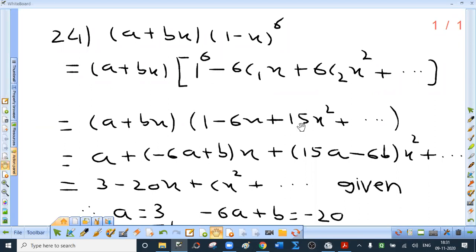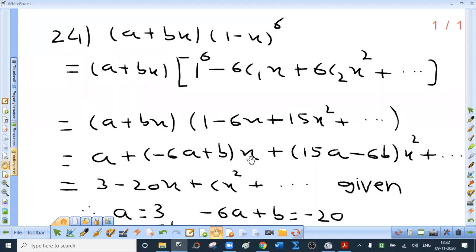Now we have obtained three terms. Which is the constant term? Open the bracket, a into 1 is a. Next term is in x, a into minus 6x, so minus 6a. But bx into 1 is bx. So if you take x common, minus 6a plus b is the coefficient of x.